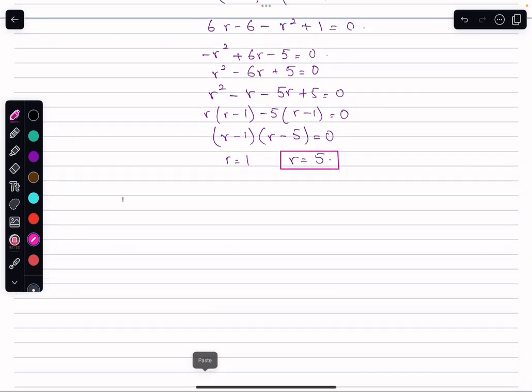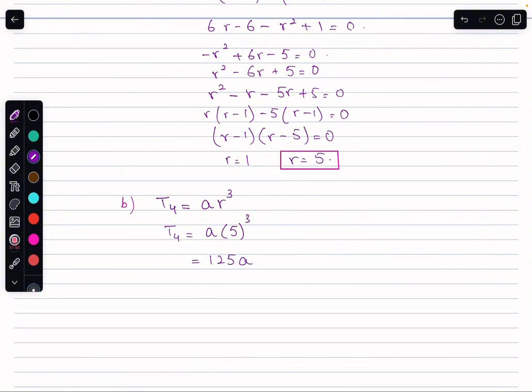So for part B, the fourth term in the geometric progression should then be equal to T4, which equals ar cubed. Or I can say that the fourth term shall be equal to a times 5 to the power cube, or it is 125a. So this is the nth term in the arithmetic progression.